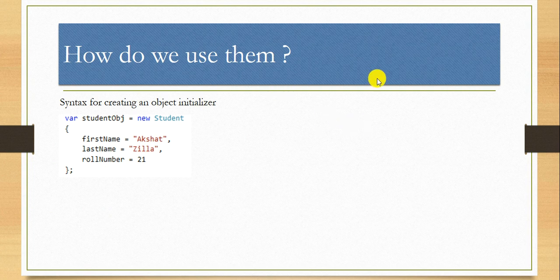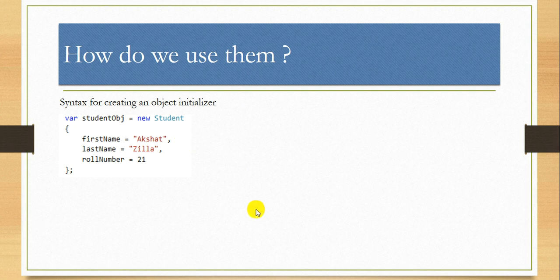So if you're using an object initializer, you can initialize only the required fields. So there is a flexibility to initialize only the required fields. For example, if you want to initialize only the first name field, then that is possible.